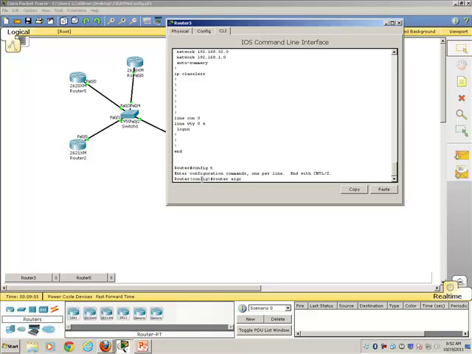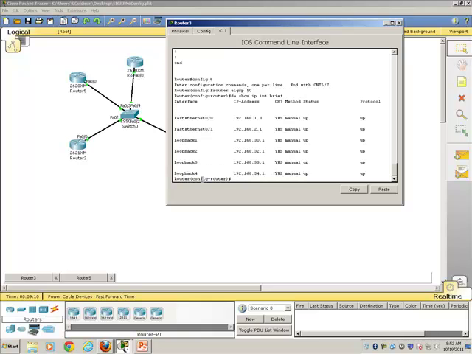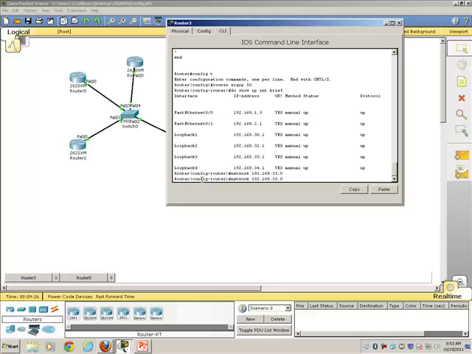Router eigrp, let's say 50. The do command really is handy. So I used 30 and 32, so I got 33 and 34, huh? 33.0 and 34.